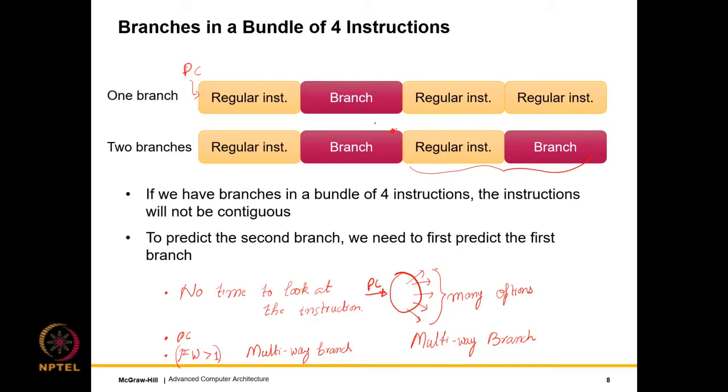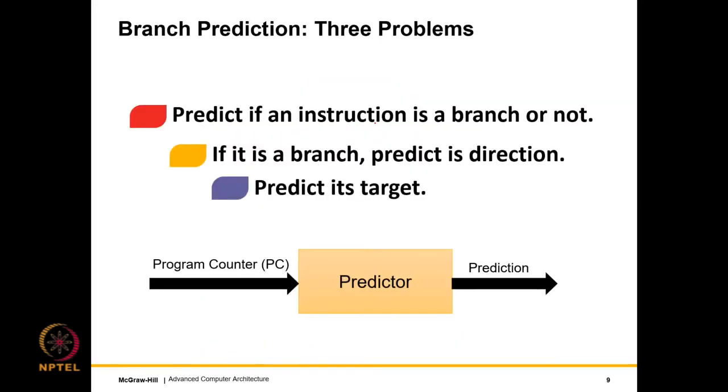Nevertheless, what we will concern ourselves with in this chapter is, given a branch instruction, how do I predict several things. First, predict if an instruction is a branch or not. Given an instruction, as I have said, we have not seen it. We have only seen its program counter address.